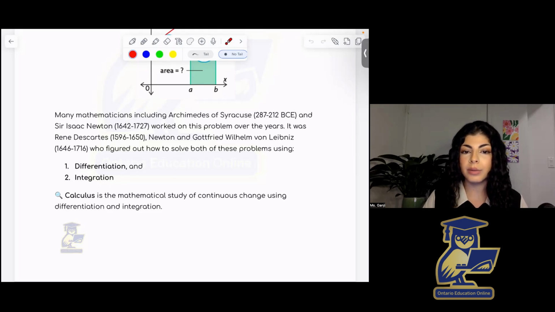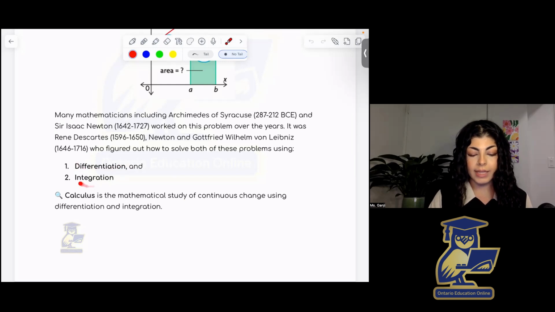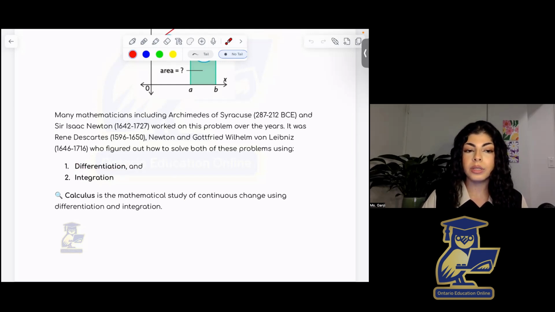They figured out how to solve these problems using two different ideas, differentiation and integration. We're going to start our calculus course specifically with differentiation and derivatives, and that's going to be a big part of our calculus course. And so calculus as a whole is the mathematical study of continuous change using differentiation and integration.